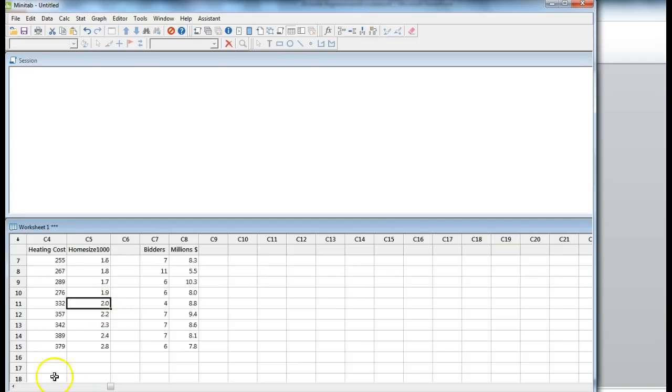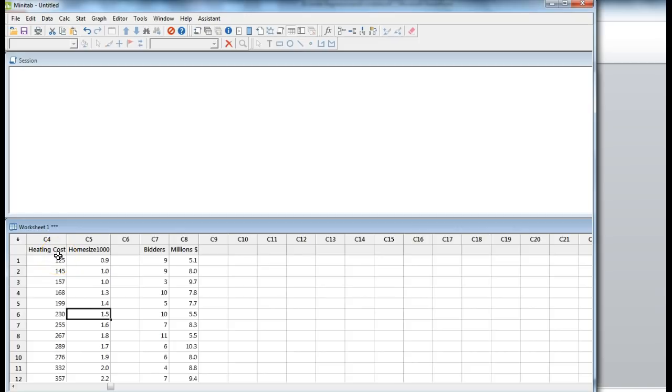So 2.0, is that a 2 square foot home? No, it's a 2,000 square foot home, right? Because home size is in thousands. So 2.0 would be 2,000. How much would 1.0 be? A 1,000. Then 1,300, 1,500 square foot home, and then the cost to heat it.